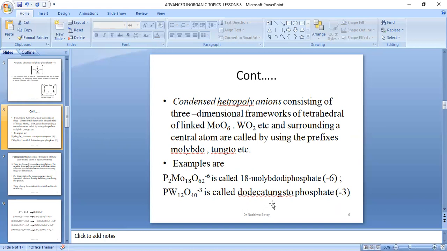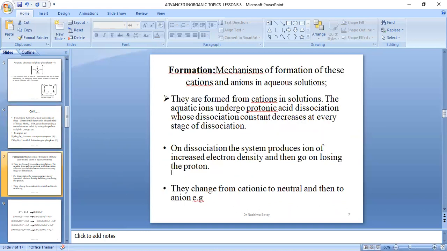This one will be dodecatungstophosphate -3. Formation. Mechanism of formation of these cations and anions in aqueous solution. They are formed from aqua cations in solution.